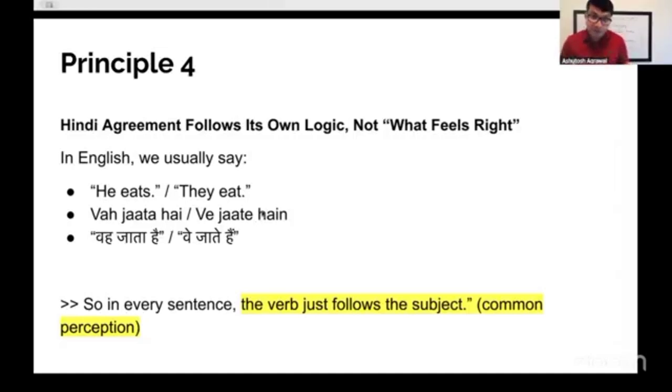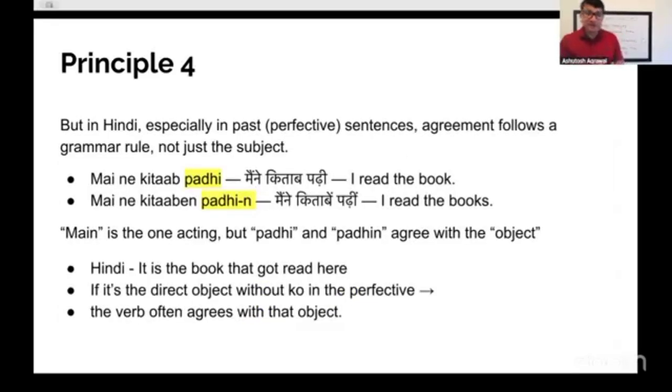That's a common perception: everything is based on the subject, and you conjugate the verb accordingly. As we go through the tenses, that's the understanding people develop. However, as we hit the past perfective tenses or past indefinite tense, this understanding gets challenged.